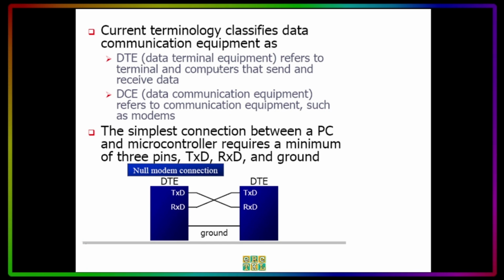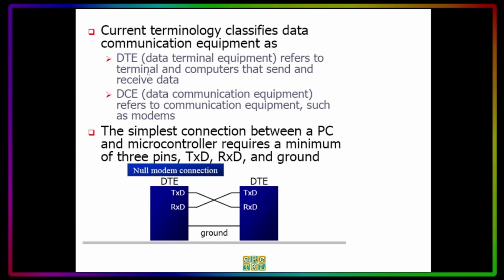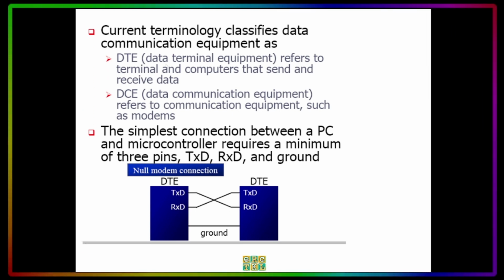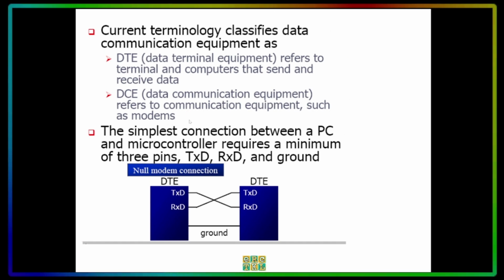Now, the current terminology classifies data communication equipment as DTE or data terminal equipment. This refers to terminals and computers that send and receive data. So again, DTE stands for data terminal equipment. Now, DCE stands for data communication equipment, and this refers to communication equipment such as the modem.